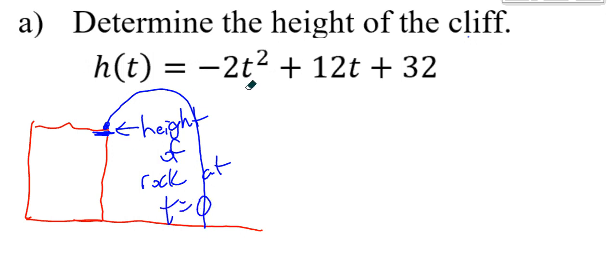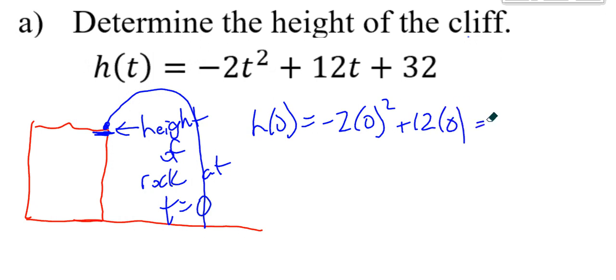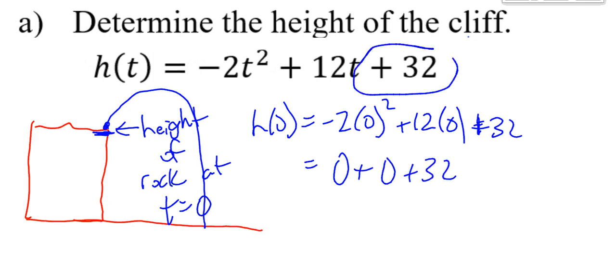So if I let t equal 0, and I'm just going to show you the math, even though hopefully you can already see the answer. Again, it's the easiest thing. Oops, I wrote equals for some reason there. One of the only things we can do without a lot of math is answer this question when I have standard form. So what I get is 0 squared times -2, 12 times 0. Oh, and that 32, that c of ax squared plus bx plus c, is the starting height.